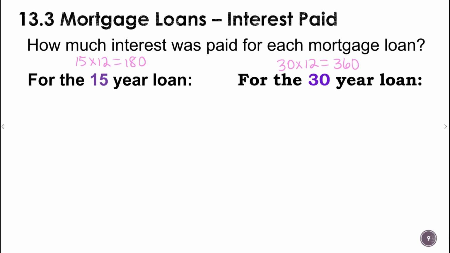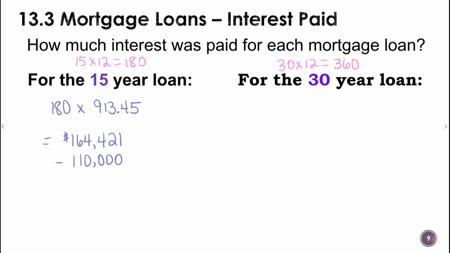So for the 15-year loan, we take the 180 times the payment amount of $913.45, and then that will be $164,421, right? And then I'm going to subtract the amount of the loan. Remember, that was 110,000.